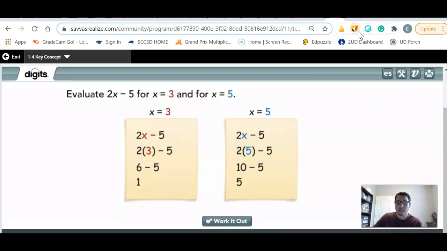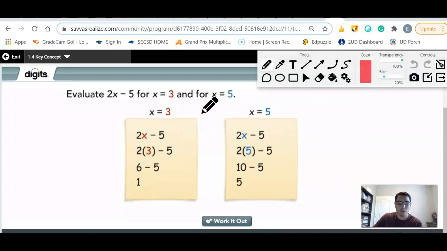As you are writing those in, I'll go ahead and talk about them. It says 2x minus 5 for x equals 3. So we have 2x minus 5. X equals 3. So remember, 2x is 2 times x, so this is going to become 2 times 3.